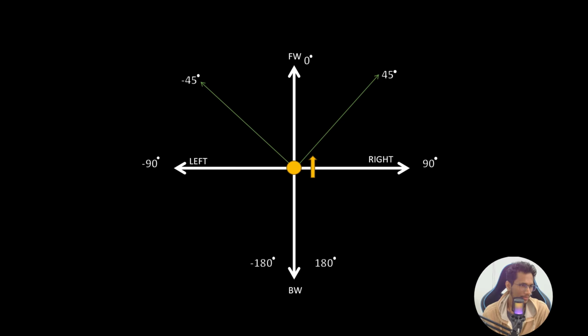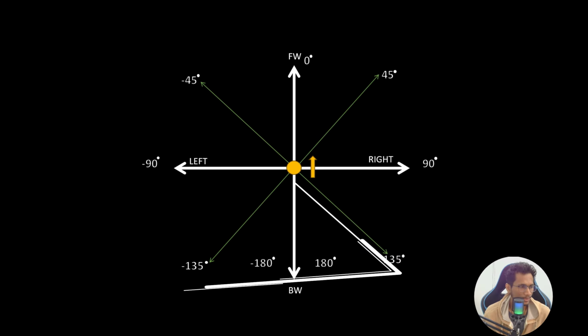Now we draw another line at positive 135 degrees and another line at minus 135 degrees. If our locomotion angle, again calculated by Unreal, is beyond these, that is outside minus 135 to 135 degrees, we are supposed to return the backward movement.